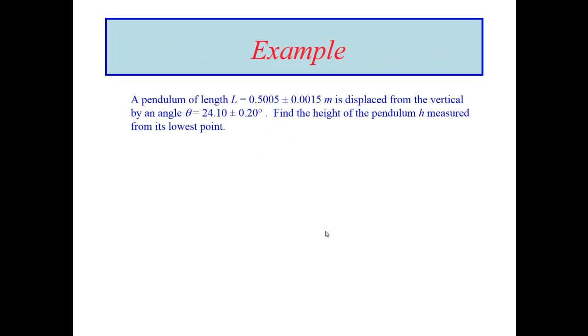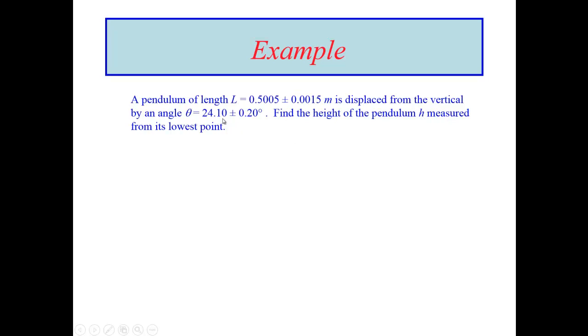Here's an example. I'll state the example and then work it out in class, just to give you a very concrete, specific example. If you have a pendulum of a certain length, we know the error in the length, and it's displaced from the vertical position by a certain angle, where we understand the value and its error as well, we want to find the height of the pendulum measured from its lowest point.